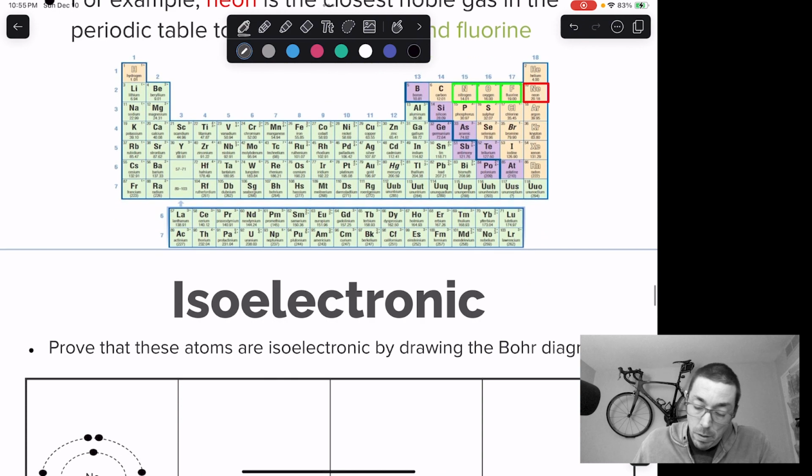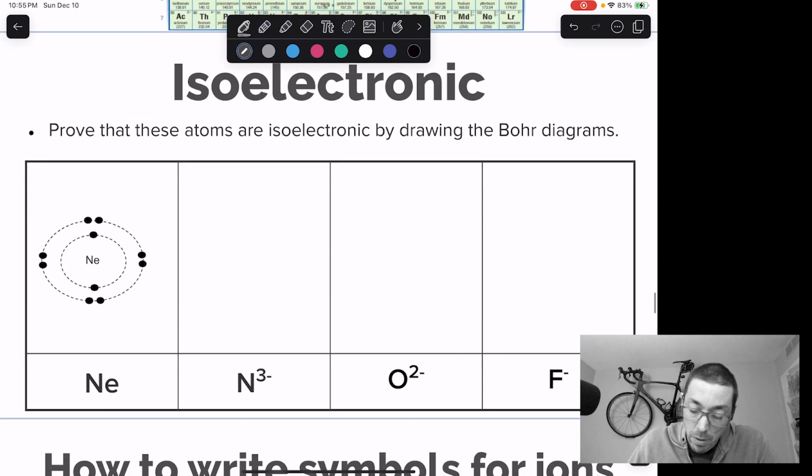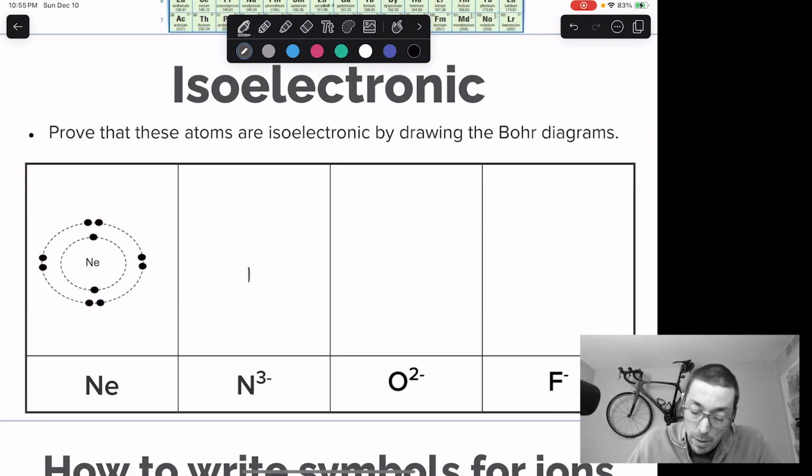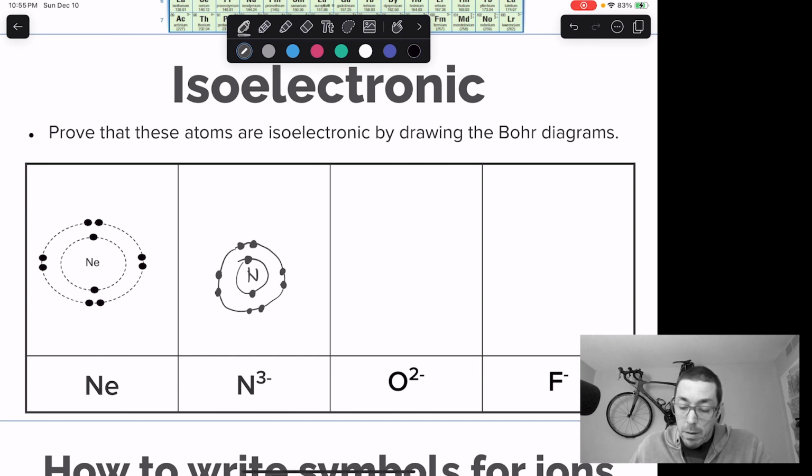And I will do nitrogen here, 2 rings, and of course, sorry, no, what am I doing? I'm thinking of the wrong side of the table here.